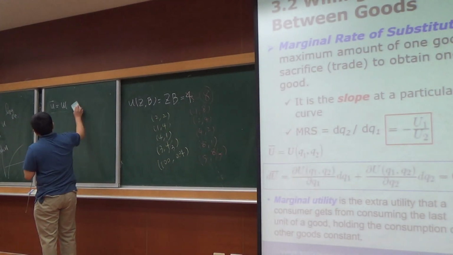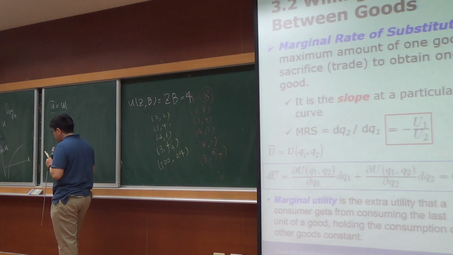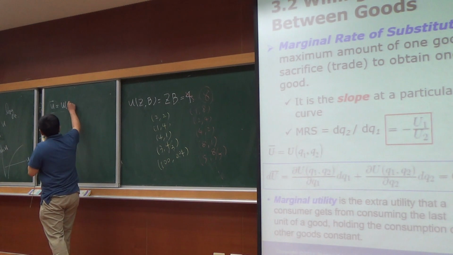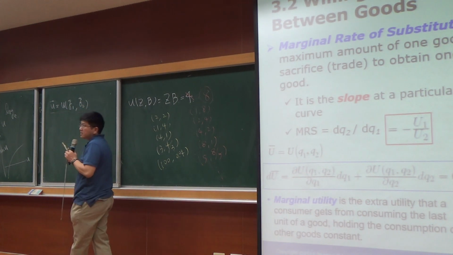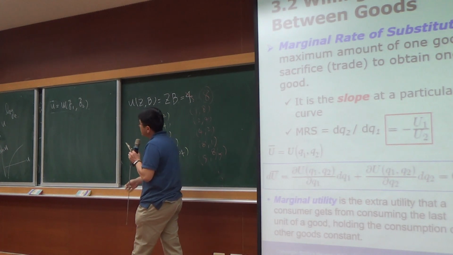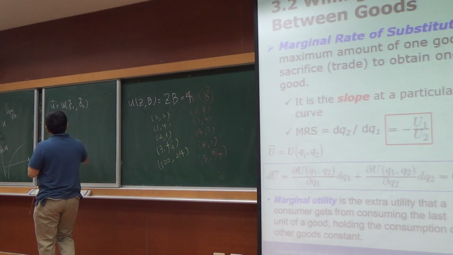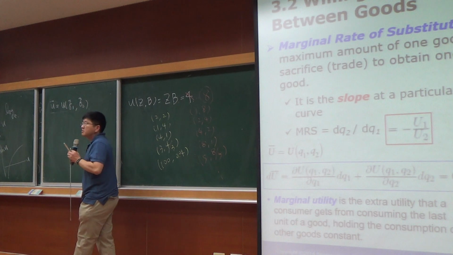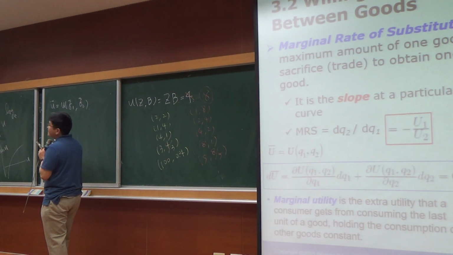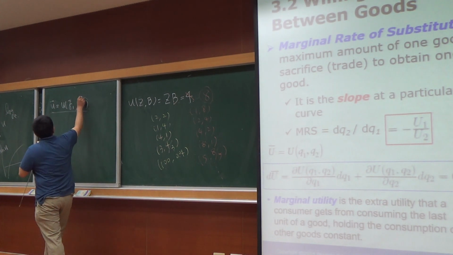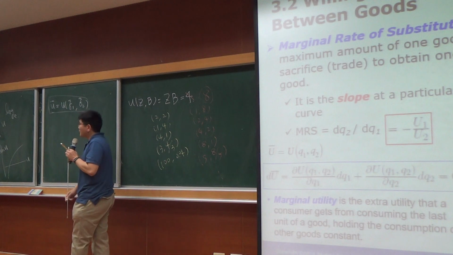Let me change the symbol to something we are more familiar with. Say Q1, Q2. Q1 on the horizontal, Q2 on the vertical. So we have two goods here, and the quantity of these two goods are Q1 and Q2. And now we want to take a total differentiation.